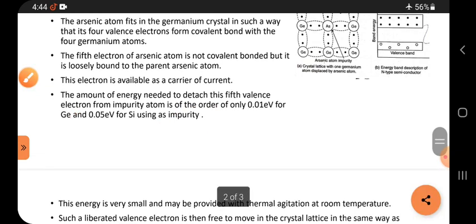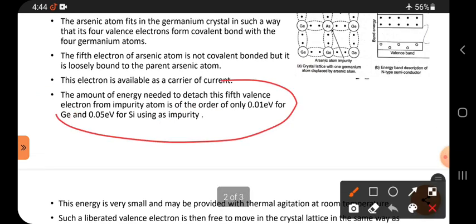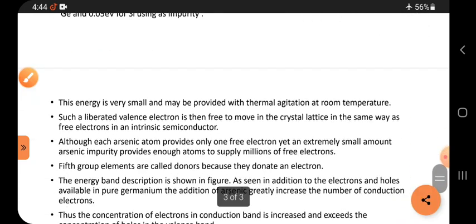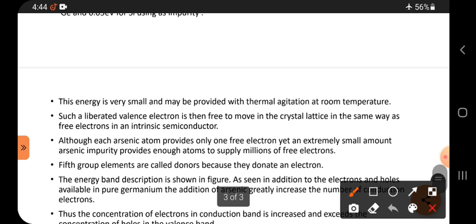So if you want to remove the electron, then this much energy is required, right? This energy is very small and may be provided by thermal agitation at room temperature.